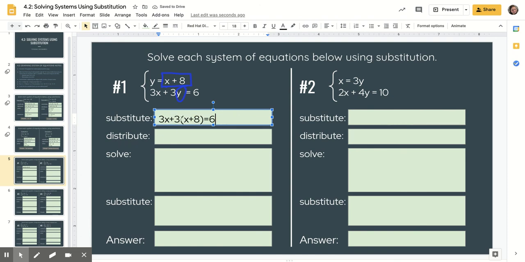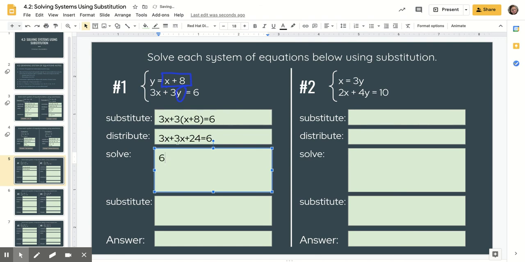Then I need to take this number 3 and multiply it through. That's going to be 3x plus 3 times 8 is 24 equals 6. And then I'm going to add together my two x's right here.